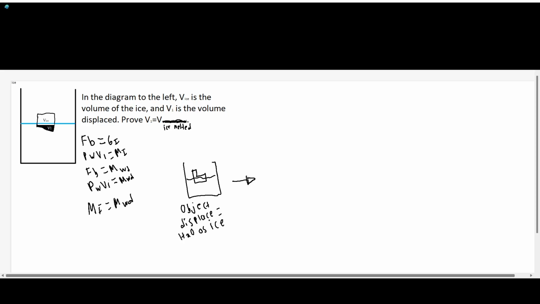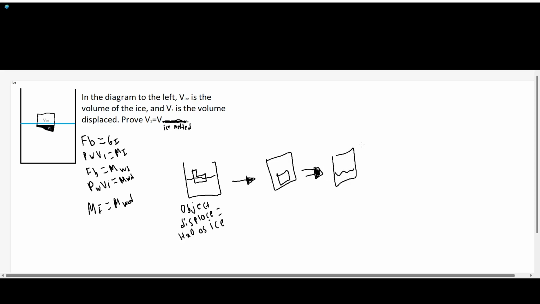So let's say now that our ice is in this new container, in a box or something. This is the ice. Then it becomes water in this box.